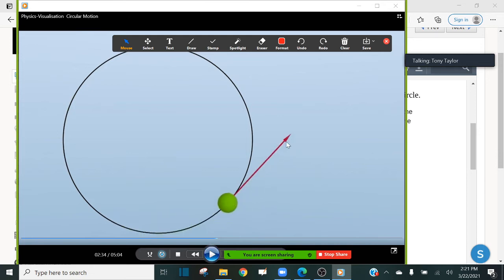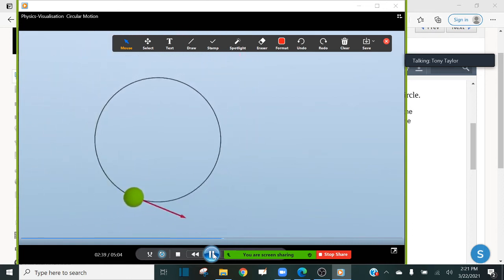The length of the arrow tells us how fast the object is moving. And the direction it's pointed tells us its direction of travel at that precise point. So that's what we mean when we say tangential velocity.